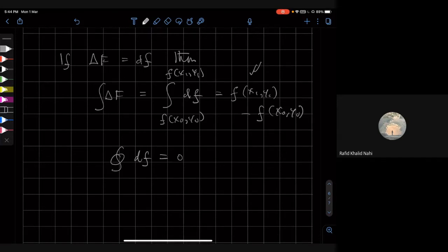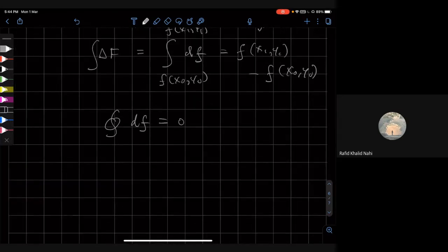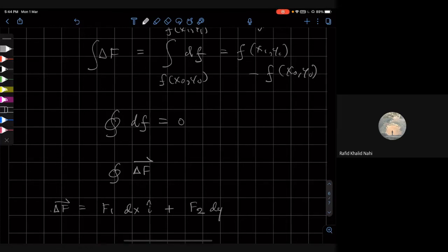Now, if I convert this into the language of vectors, I can think of delta f as a vector. So I'm defining delta f to be f1 dx i plus f2 dy j, right?